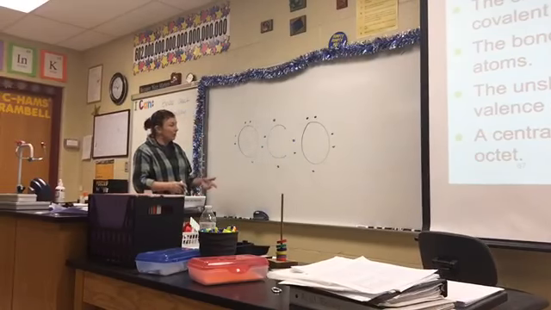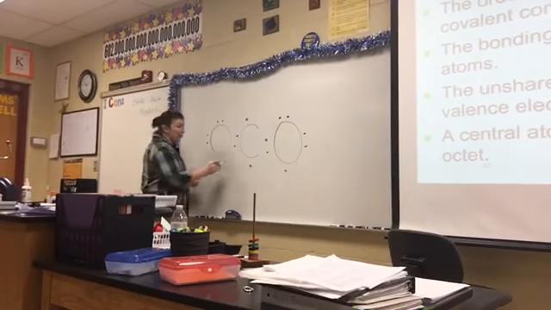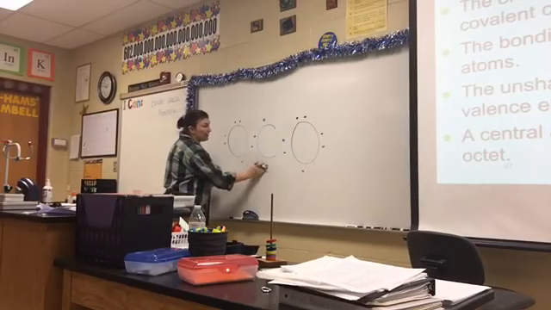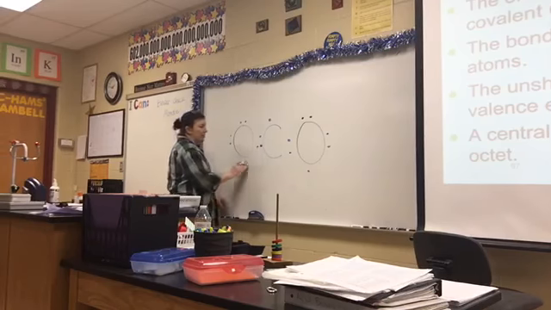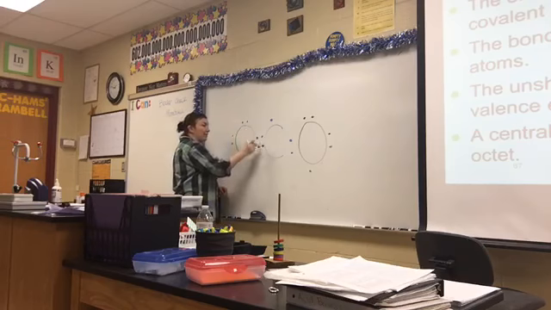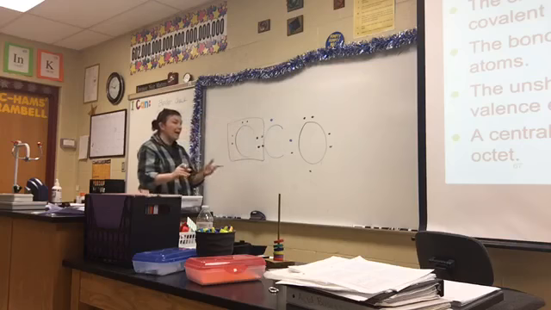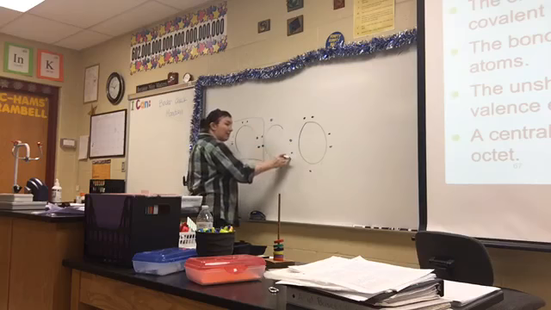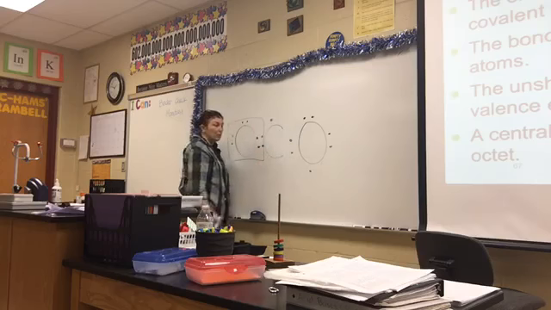So we look and say, okay, what can we do? Well, this carbon, let me open these up. This carbon takes this electron and moves it here, and oxygen takes this electron and moves it here. Now I've got 8 electrons around this oxygen. Yay! Around that carbon, I'll do the same thing.